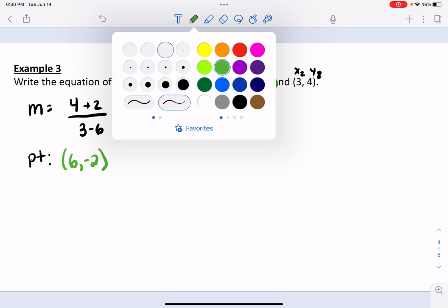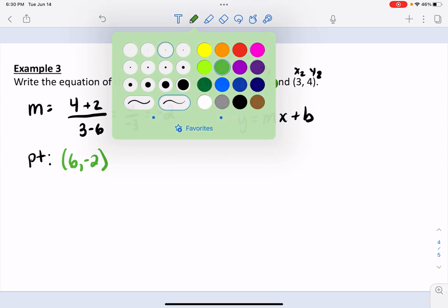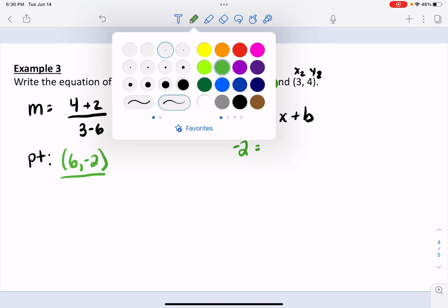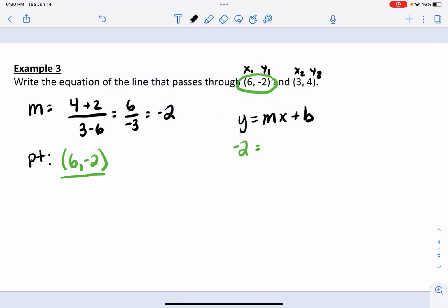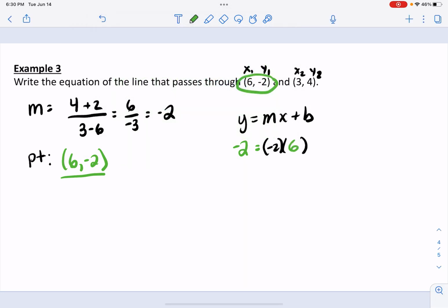So, now plug into our equation. Y equals mx plus b. Your x's and your y's are right here. So I have negative 2 equals, my slope is a negative 2, my x-coordinate from the point that I picked is 6.